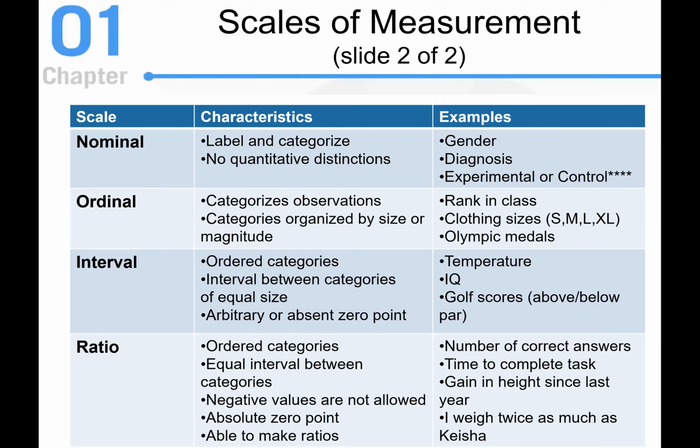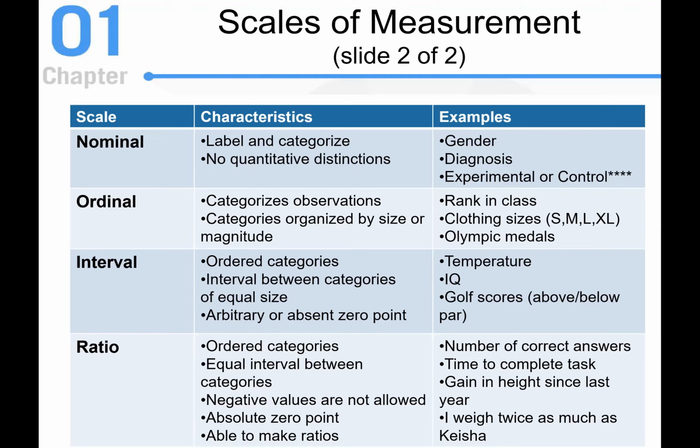Now, going up in complexity, we have what is called the ratio scale of measurement. All right, so this has everything that the interval scale of measurement has. But what makes it different is that there are no negative values in a ratio scale of measurement.